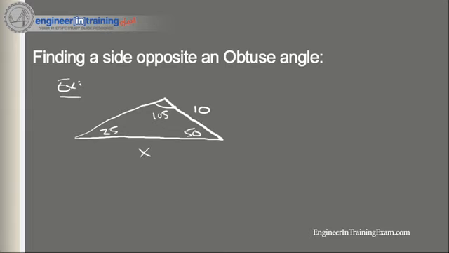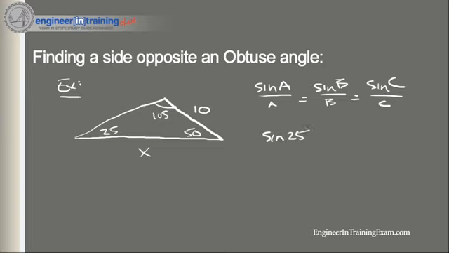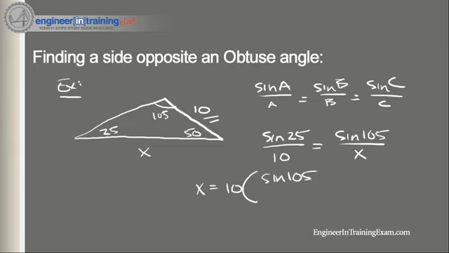So all we need to do once again is look at our definition of the law of sines and know that all we need to do is plug in a few knowns to get that unknown X. So let's say we got sine of 25, which is opposite our known side of 10, divided by 10 is equal to sine of 105, which is opposite our unknown X. And once again, just rearranging that, we got X is equal to 10 sine of 105 divided by sine of 25.